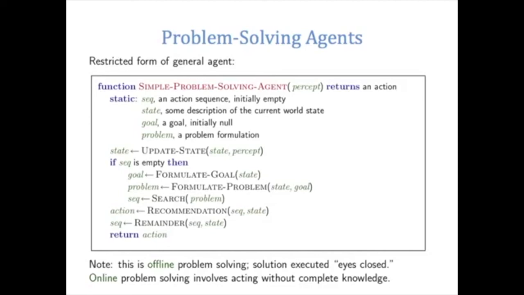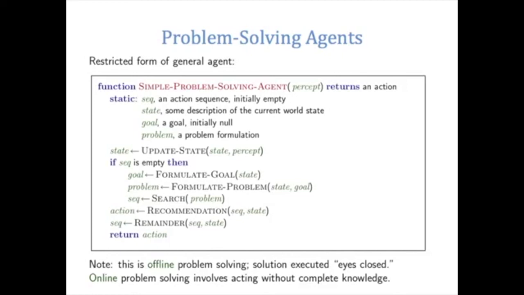So for our offline problem solving agent, the idea is that we have an action sequence which is initially empty, a state, a goal, and a problem. Now, what we want to do is every time we get a percept, we update the state and then set up our sequence of actions. So if the sequence is empty, then we're going to start by figuring out from our current state what our goal is.